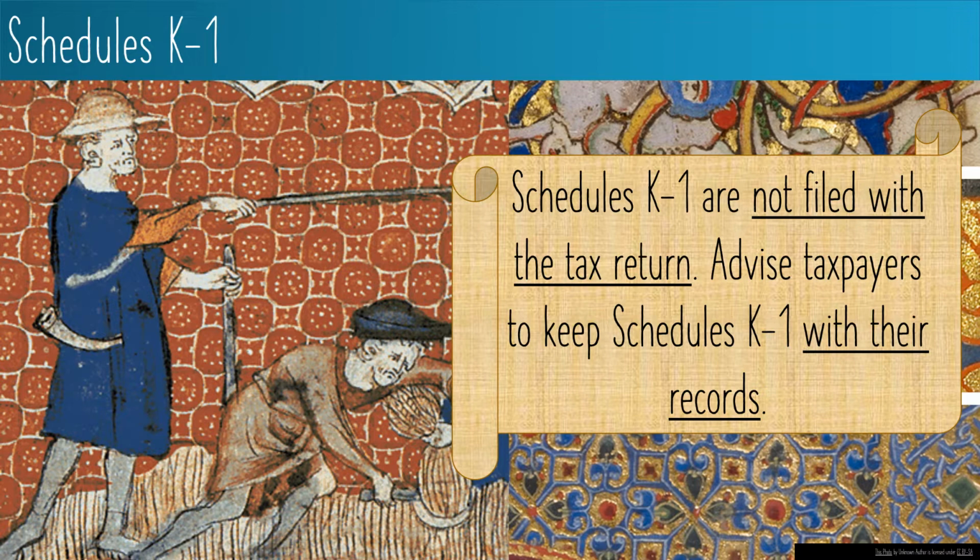The partnership or other entity already filed a Schedule K-1 for the partner with their informational return. But the partner or shareholder needs to keep that K-1, as we said before. It carries important information regarding their basis or their holdings in that entity.